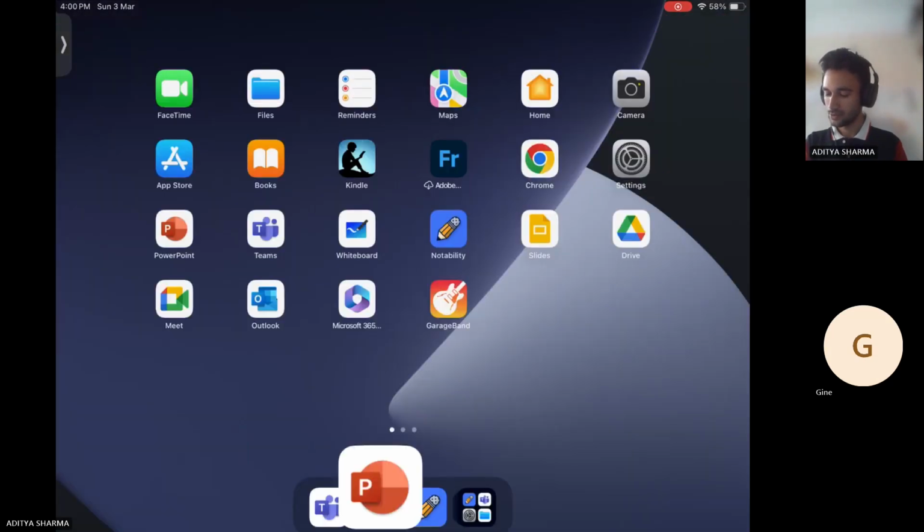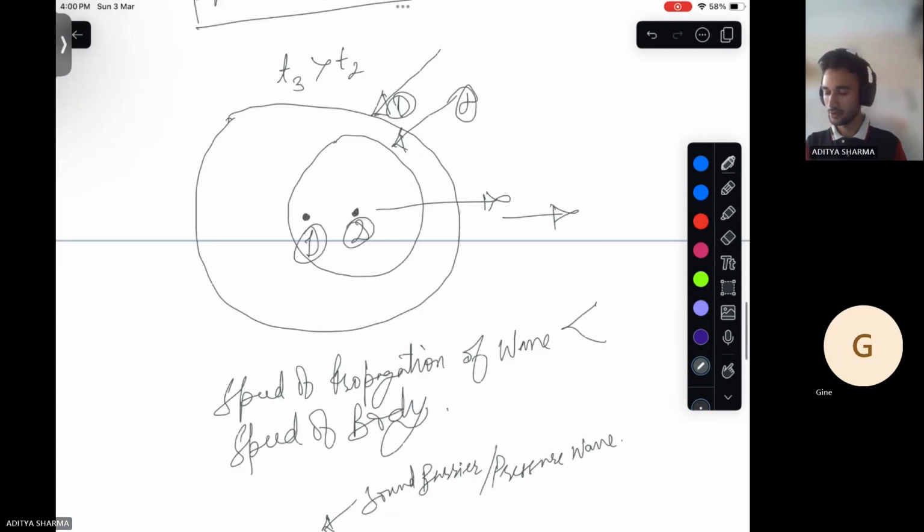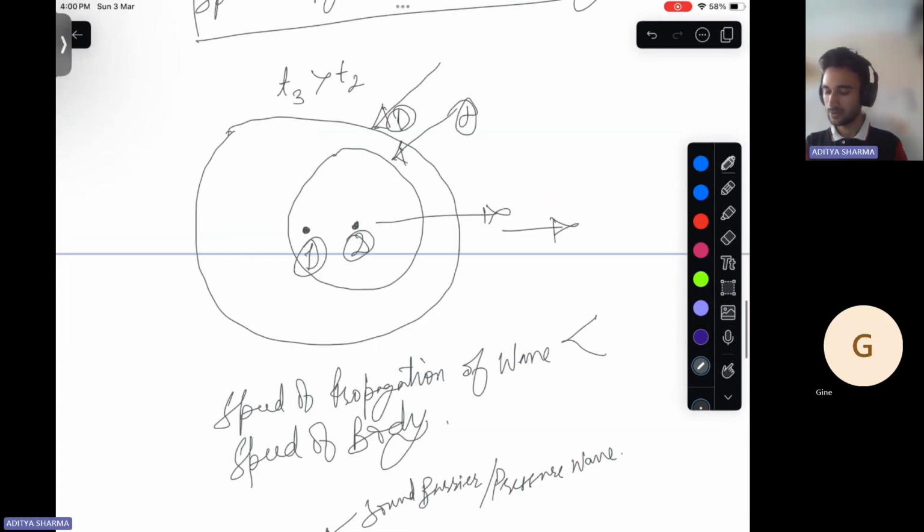So what was happening is that for the subsonic case, this object always remains behind this disturbance.